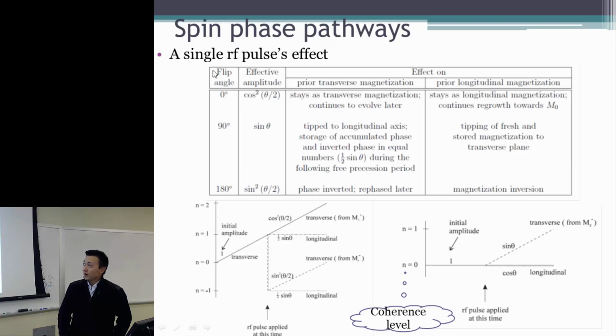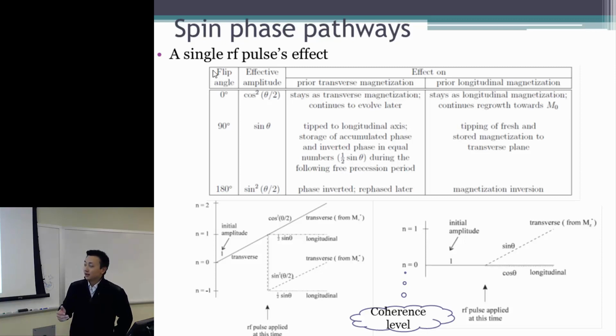When we are giving a single RF pulse, we usually just simply use its flipping effect, like a sine theta or cosine theta to calculate its longitudinal and transverse components.